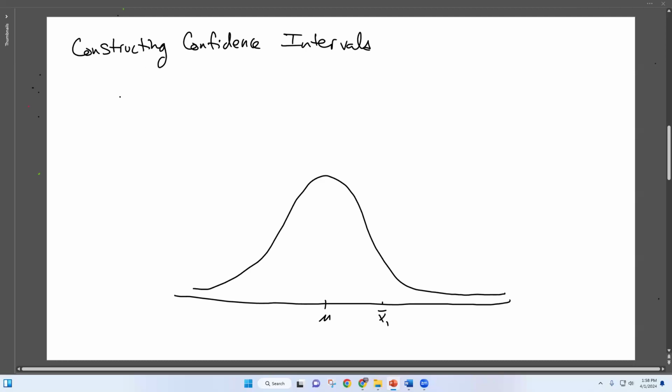So to construct the confidence interval, we will think about the following. If we want to say we have a 95% confidence level, we need to find the z values that span the middle 95% probability centered around that mean value.